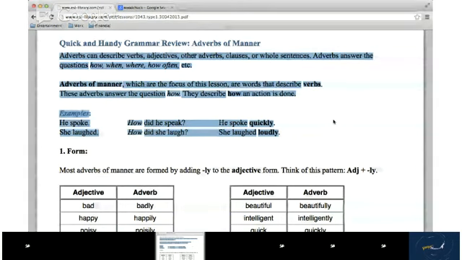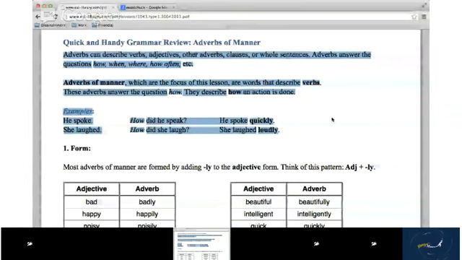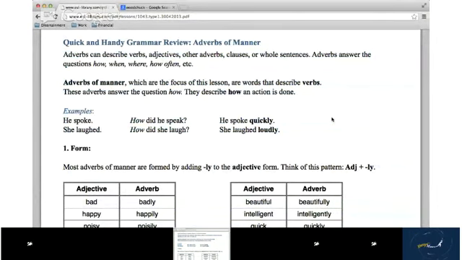These adverbs answer the question how. They describe how an action is done. Example: he spoke. How did he speak? He spoke quickly. He laughed. How did he laugh? He laughed loudly.